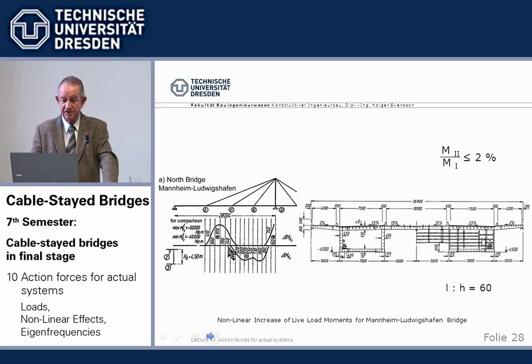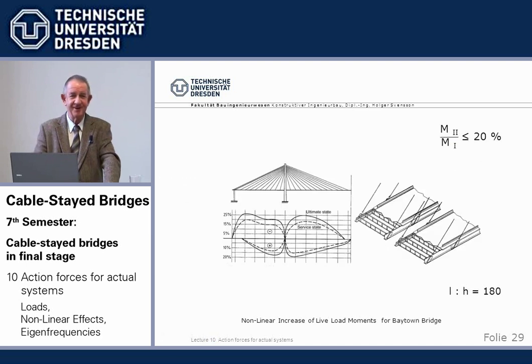These are the increases in kern point moments. Basically, the increase is less than 2%. Well, good enough for bridge work. It's not worth all that difficult calculations for 2%, isn't it?